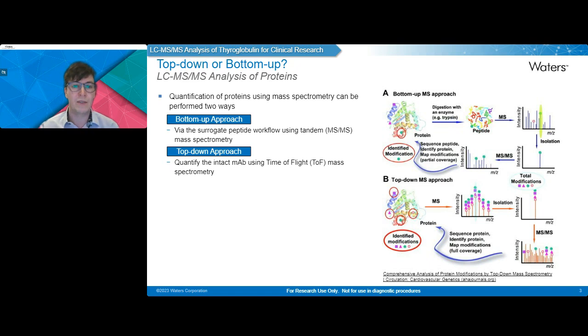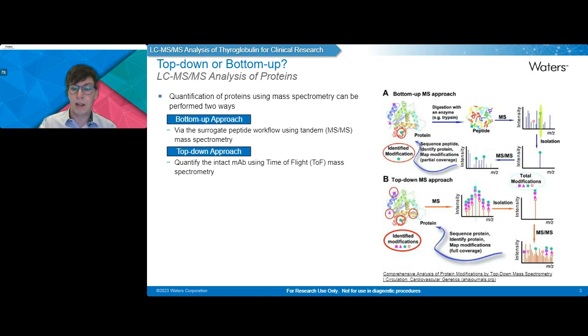This allows identification of a peptide that is specific to the target protein you're interested in, and this can be detected within the mass range of the mass spec. It tends to provide greater analytical sensitivity than a top-down approach.